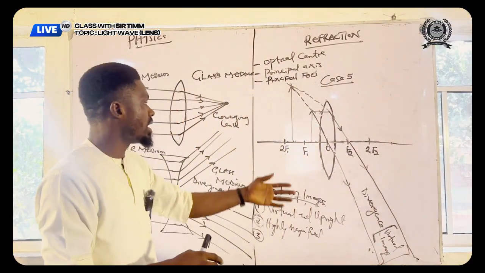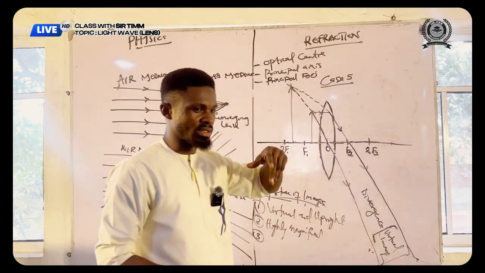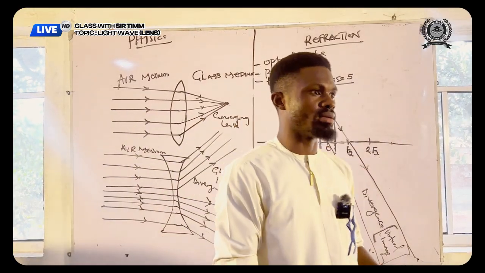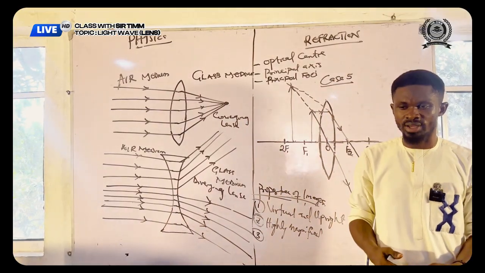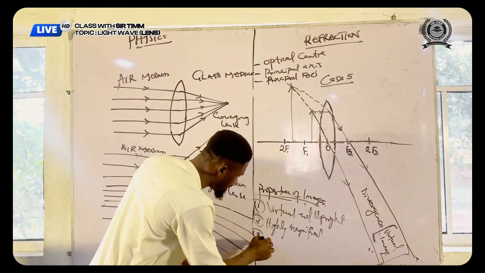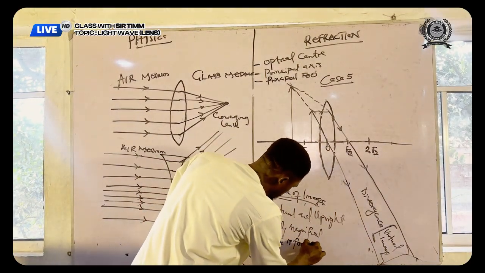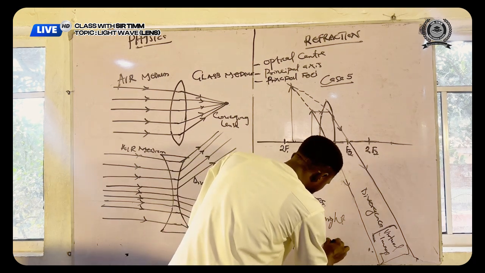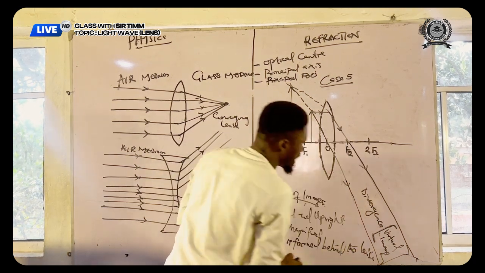So one of the applications of a convex or converging lens is that it is used as a magnifying lens or magnifying glass. Where is the image formed? The image is formed behind the lens.